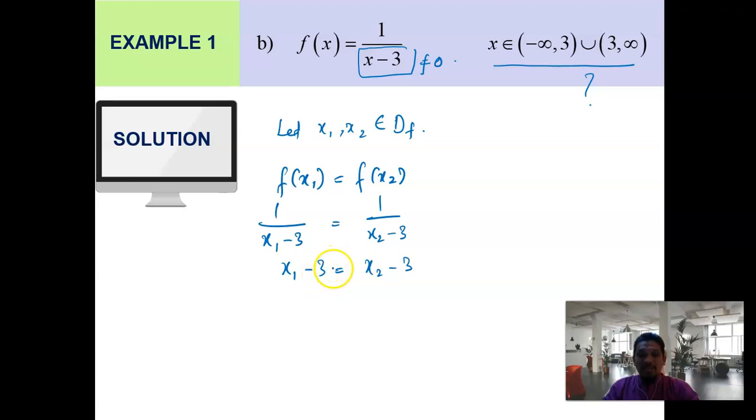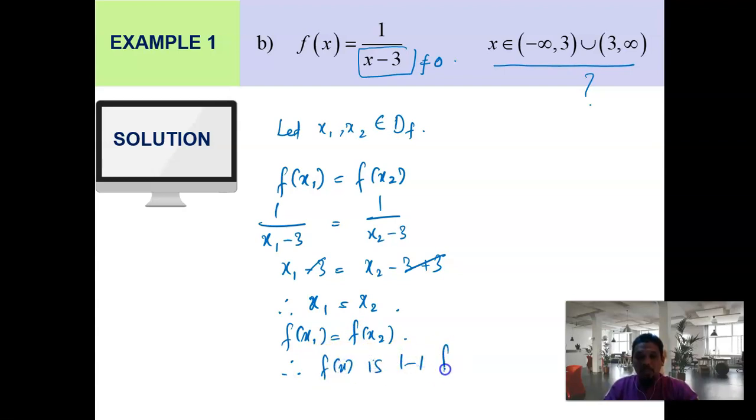So either add 3 left and right, or bring it to the other side. Finally we get x1 equals x2. So f(x1) equals f(x2) gives the conclusion that f(x) is a one-to-one function. There you go.